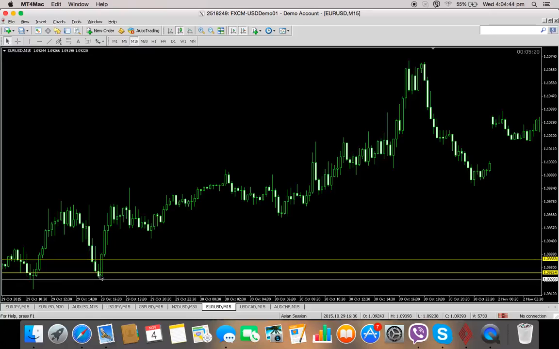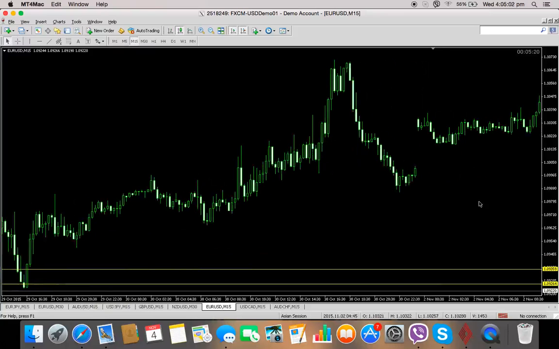Okay, notice this here. That is our support zone. And so that second line actually did hit on the 29th of October. Okay, so that's where price action bounced off, and that's why.